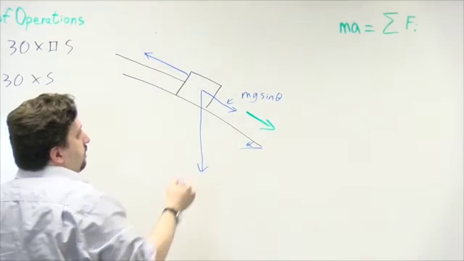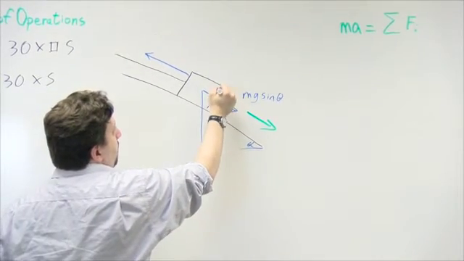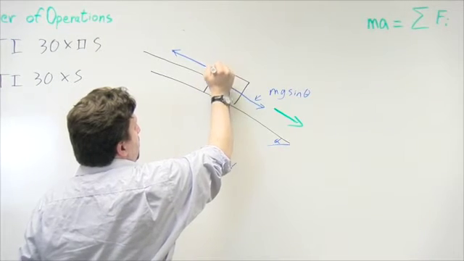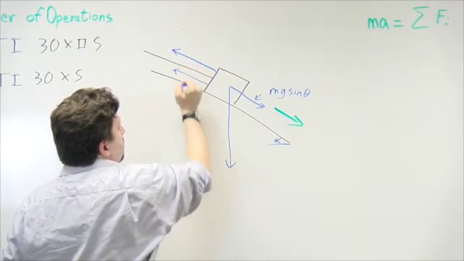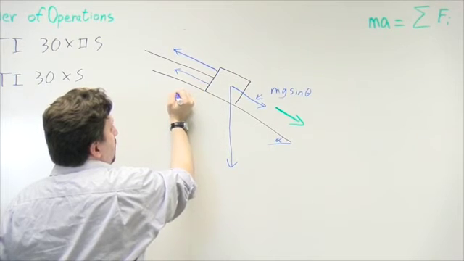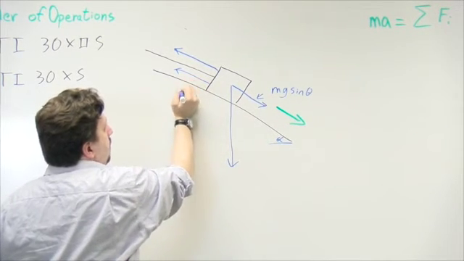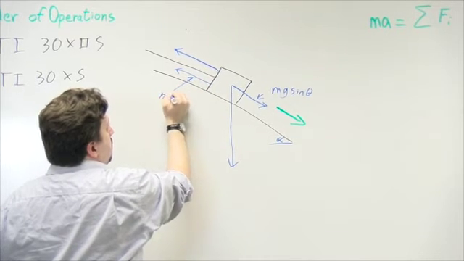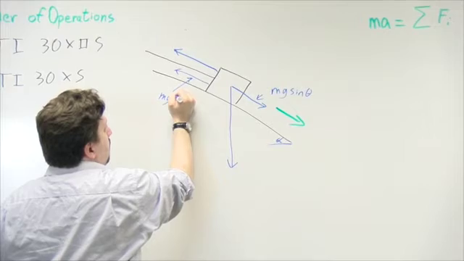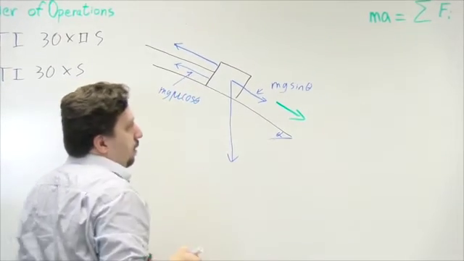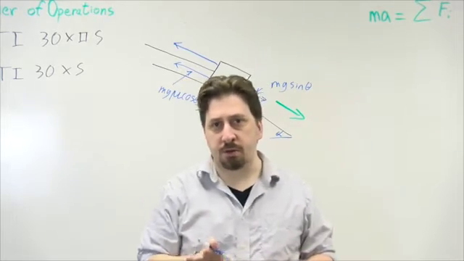And we also have a frictional force, which is going to be going in this direction, which is based off of a constant coefficient of kinetic friction, which is going to be mg mu cosine theta.